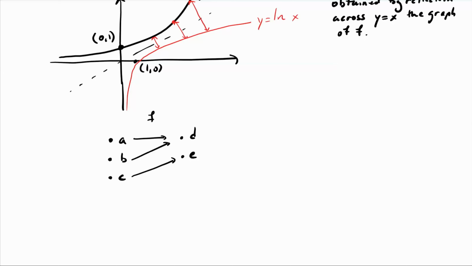That's because I have two inputs with the same output. So I won't have an inverse in that case.